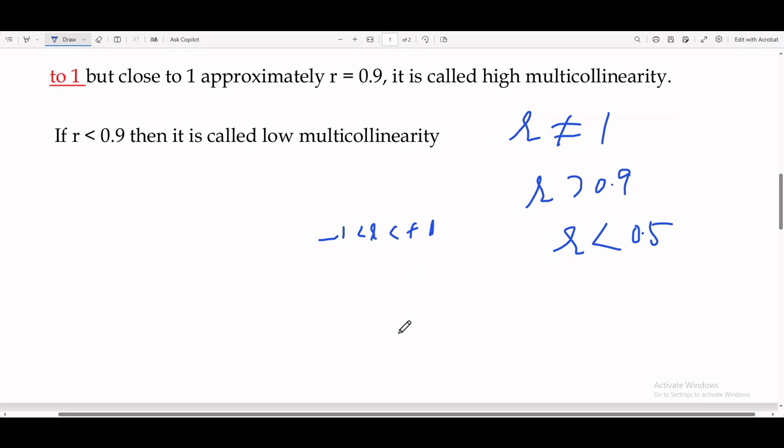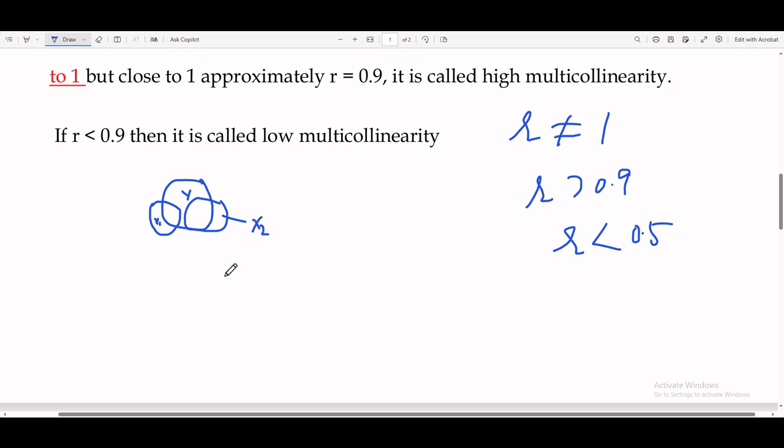Now we see how we graphically identify strong and low multicollinearity. Suppose this is our dependent variable y, independent variable x1, and this is x2.